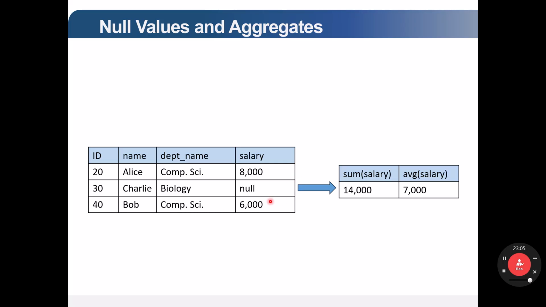Next, what about null values? Suppose we have this table, and suppose we run an aggregate function on the salary column. The sum of salary will ignore null values. Average will also ignore null values.